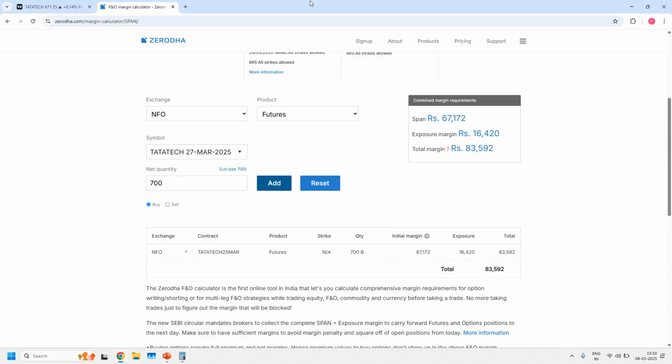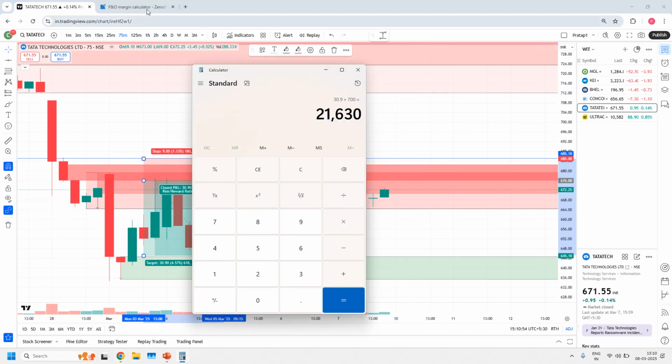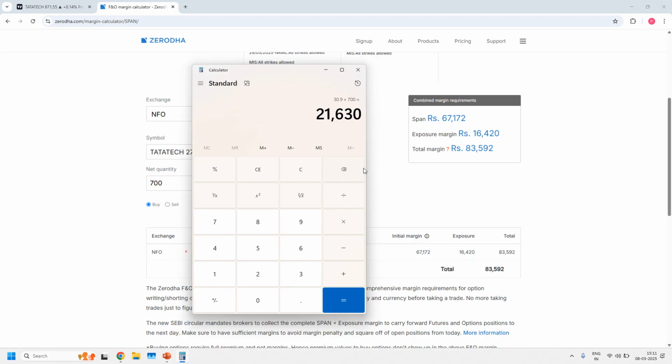But what could be the approximate nearest value? This is at the time of closing today's market, but before that the price is also near to this only. Maybe a few rupees extra, nothing more than that, few rupees to the current price. Maybe I can say 83,600 rupees could be your margin cost.